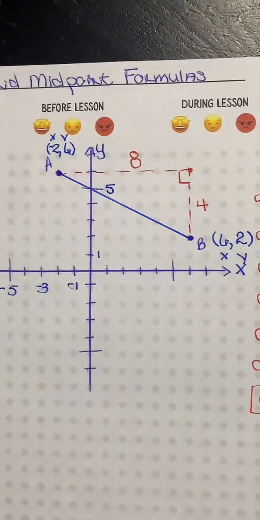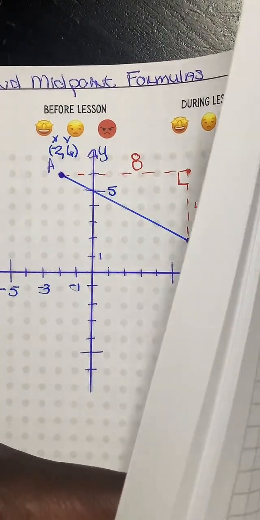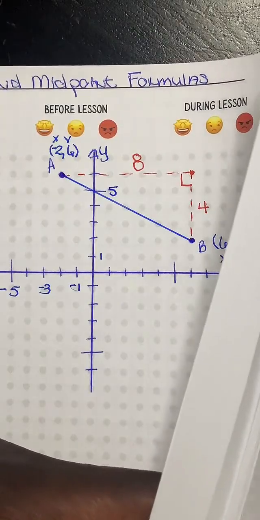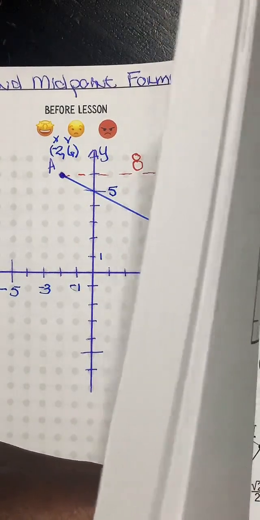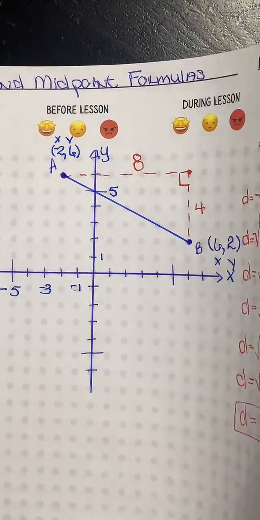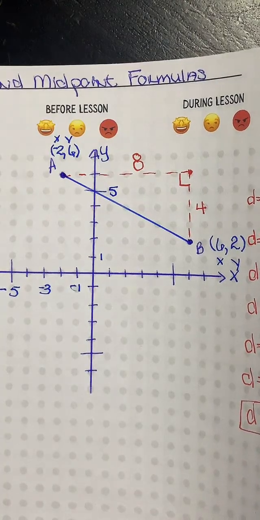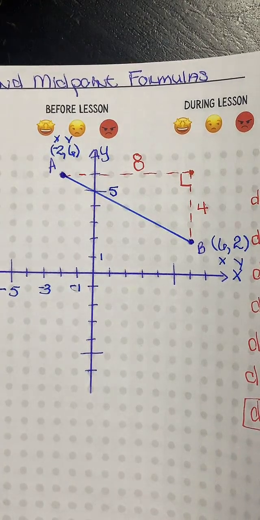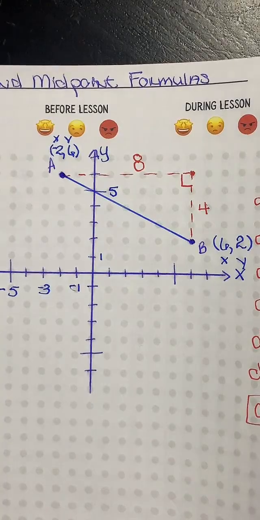Knowing right triangles, we got something that will help us with it. Do you guys remember what it's called? Begins with the letter P. Maybe the spelling is going to be all kinds of crazy. Yes, Pythagorean.